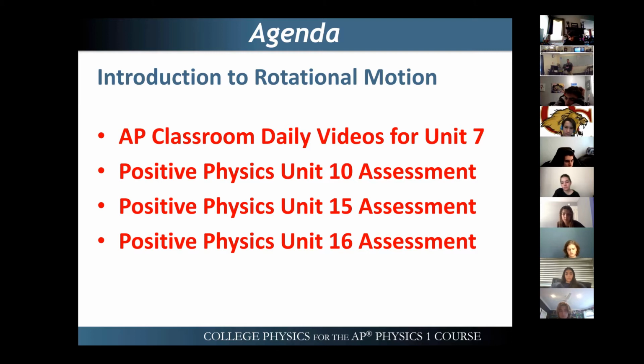I know it's a little bit confusing having all these different units. I'm tempted to change my unit numbers to match College Board next year, but I don't really care for the order they cover things in, so I'm hesitant to do that. Maybe I'll still cover them in my own order and give them a different number to match so it's not quite so confusing. But anyway, that's the outline and the order for what we're doing right now.